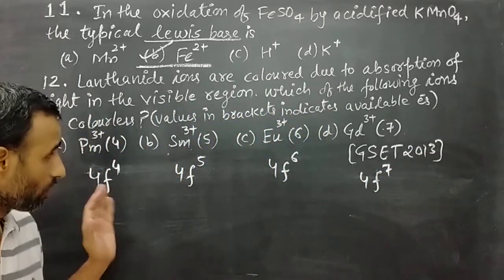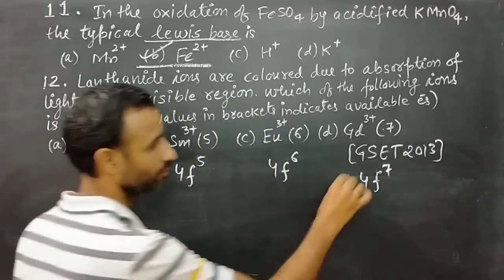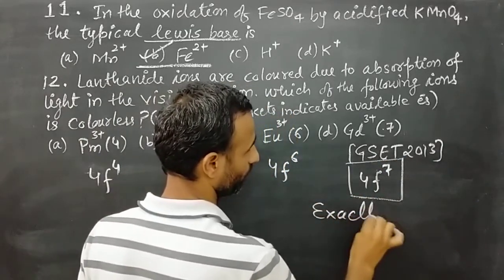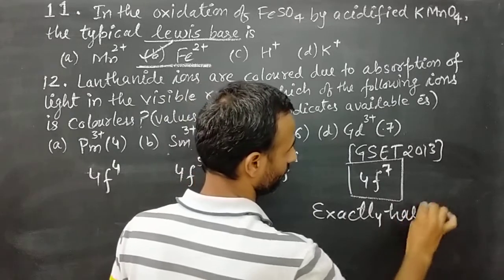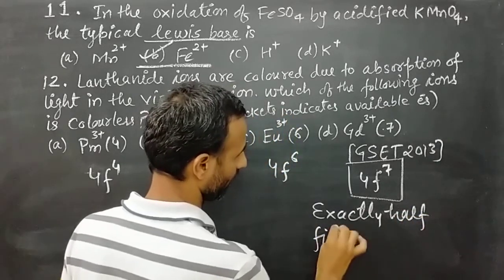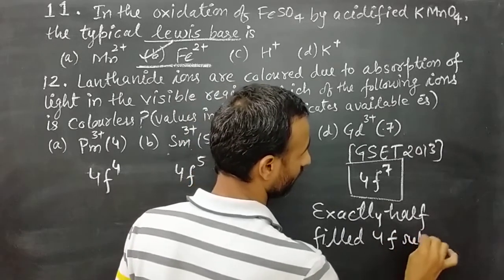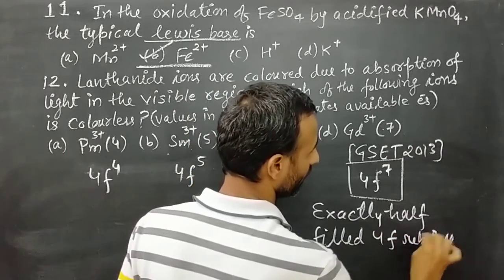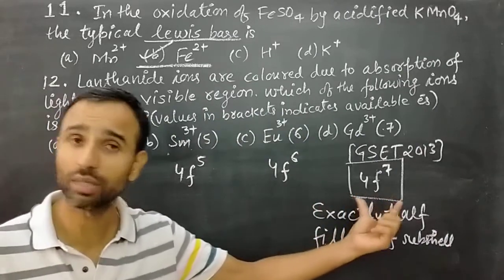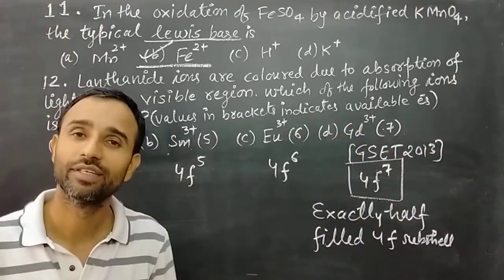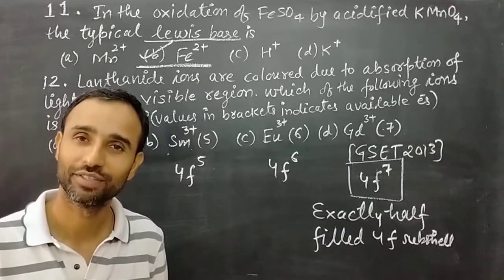Obviously, there is only one which is exactly half filled, and when the 4f subshell is exactly half filled, it has extra stability, and as it has extra stability, its electron is not excited in the visible region.